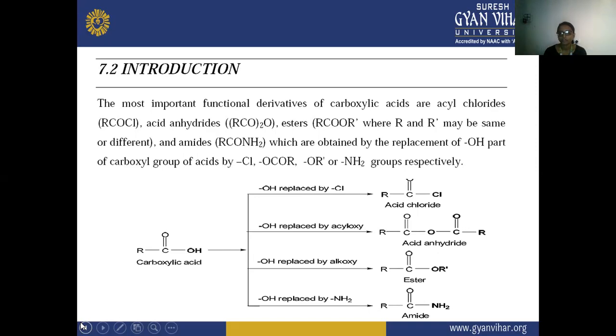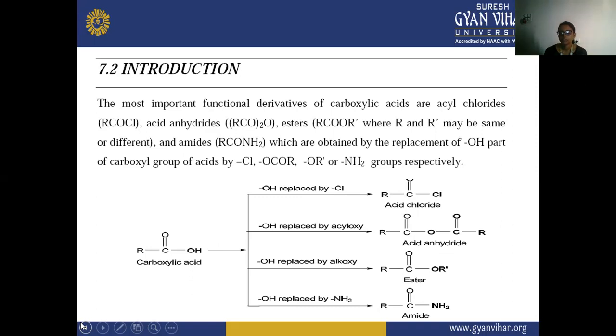They have these general formulas. RCOCl is the formula of acid chloride. In the case of acid anhydride, the formula is (RCO)2O.